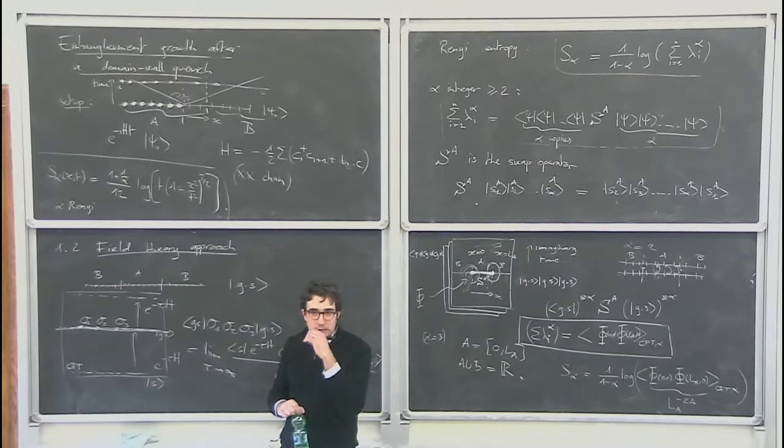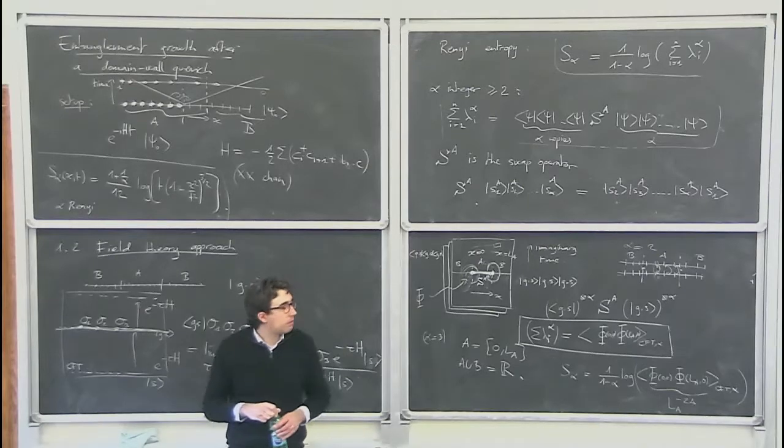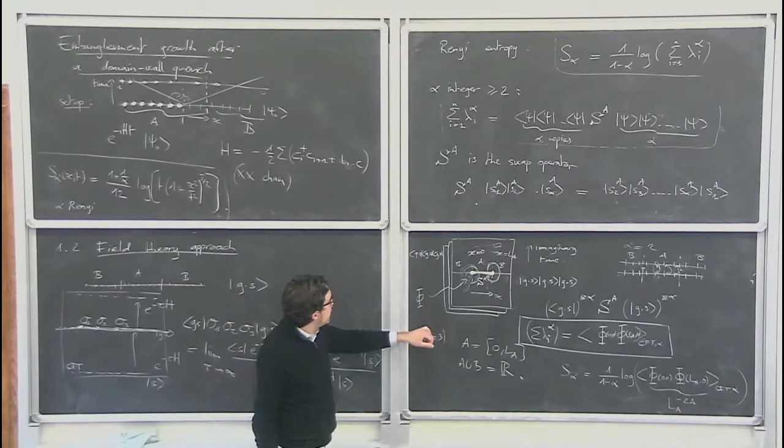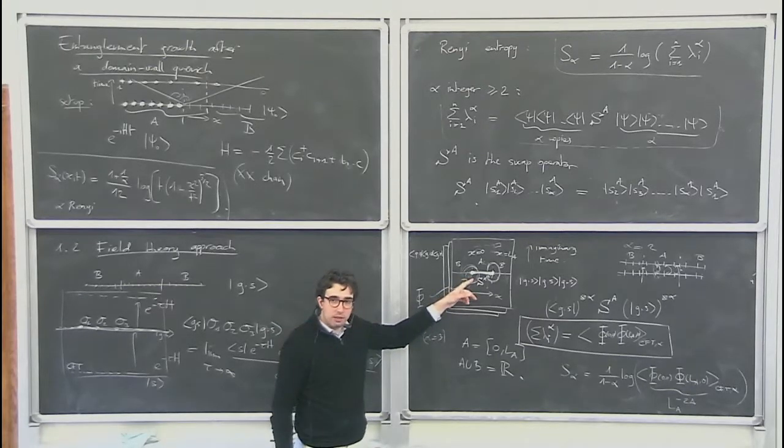Yes, it has to be critical. What I'm saying is that there might be several phis in the theory that do this. I'm picking the one with the lowest possible scaling dimension.